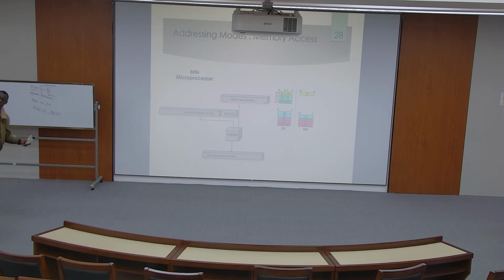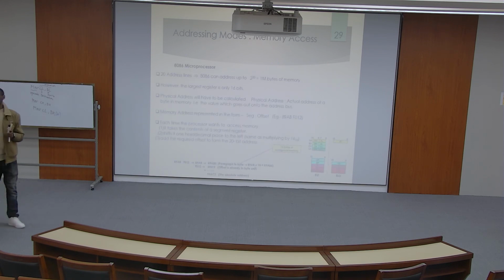We have segment registers, which are 16 bits. We needed to shift 4 bits to the left so that we get the base address, which is 20 bits. Then we add what we call the offset, and we have seen different offsets for different segments.